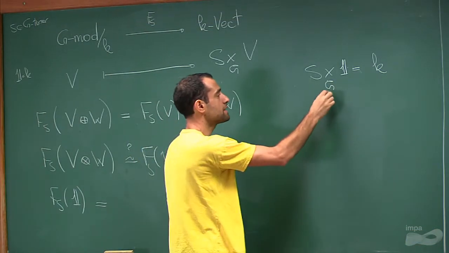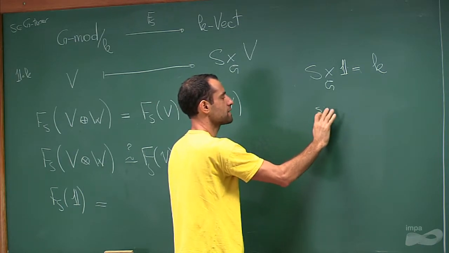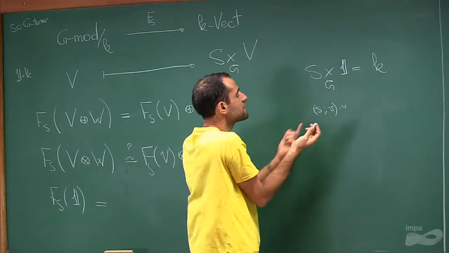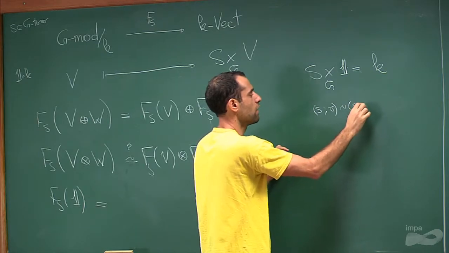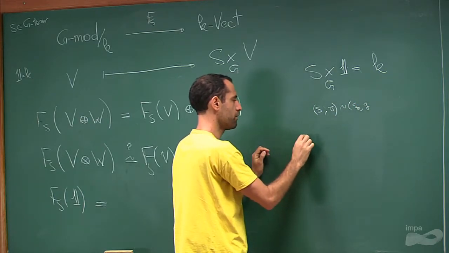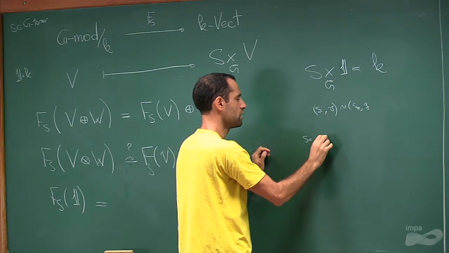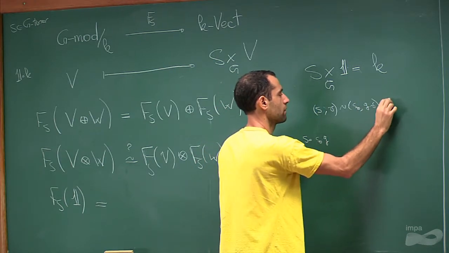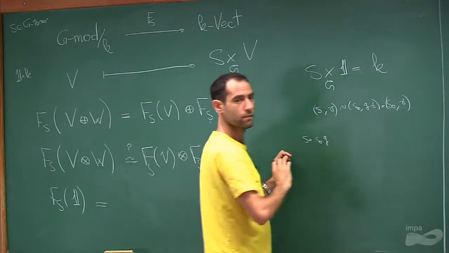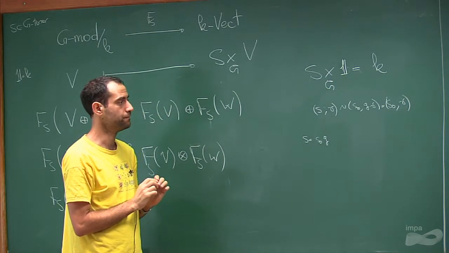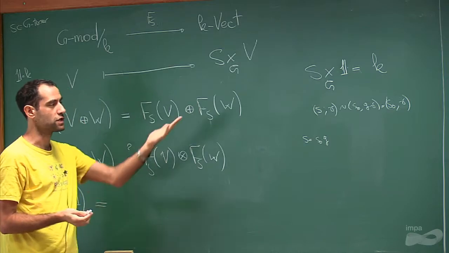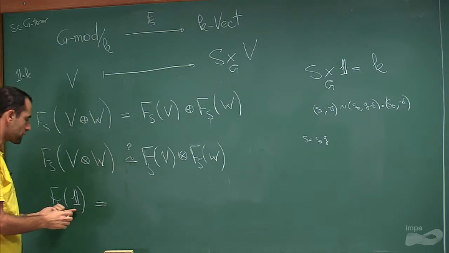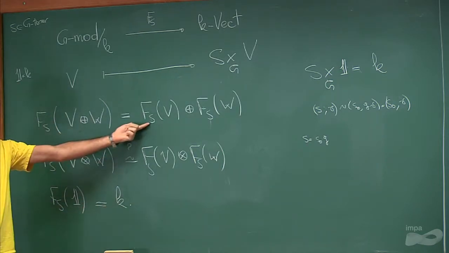Because this here consists of elements of the form S and a vector V, but this is equivalent to fixing S naught. So here S is equal to S naught times G, and I can move the G to the other side. So every vector is just of the form S naught V, and V is an element in K. Therefore, Fs of 1 is just the unit for the tensor product on this side.